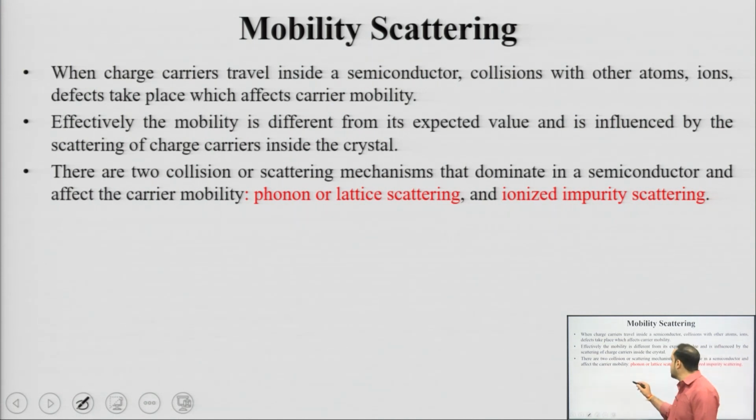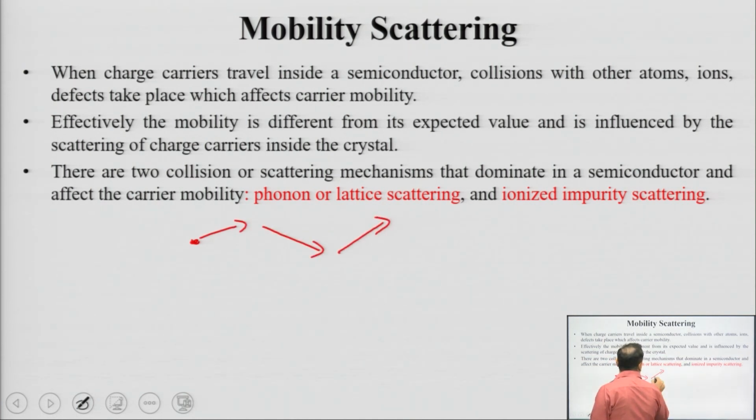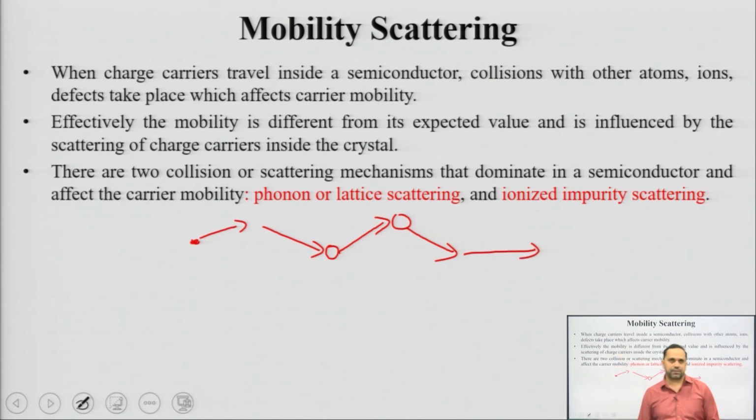An electron moving in this direction might change its path here, it might collide with an ion, it might collide with another defect, and eventually it reaches its objective. So, this is the kind of path charge carriers can take. There is continuous scattering, but the overall direction is the same. Electrons move from negative to positive and holes move from positive to negative.